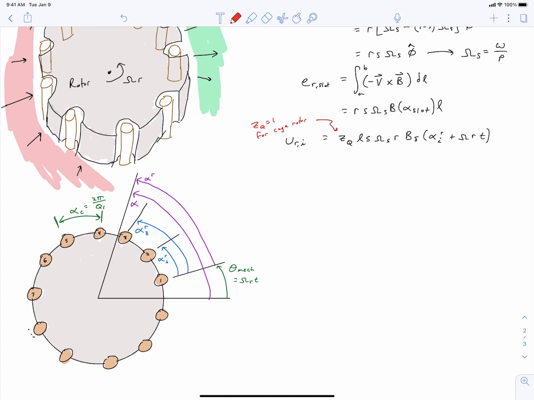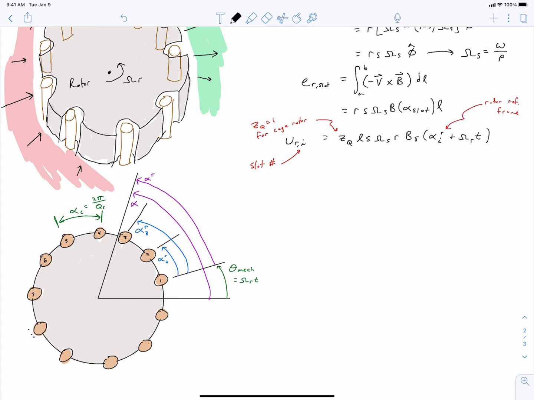And when I'm denoting voltage here, I is the slot number. We're evaluating this at the location of the slot, which is equal to alpha I in the rotor reference frame plus the angle of the rotor reference frame. So this should be an omega r. So if we're talking about slot 2, we're talking about an angle in the stator reference frame that's equal to alpha 2 superscript r plus this angle here.